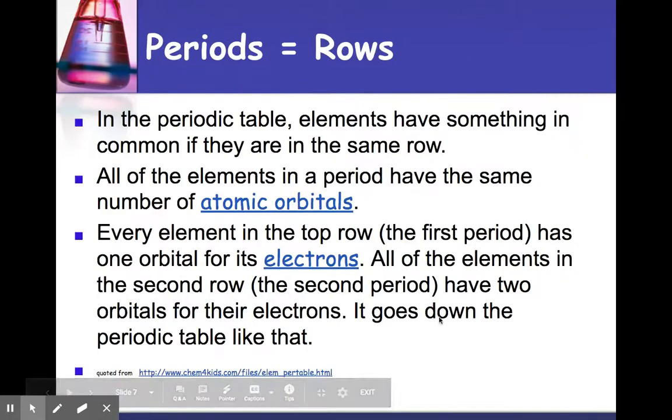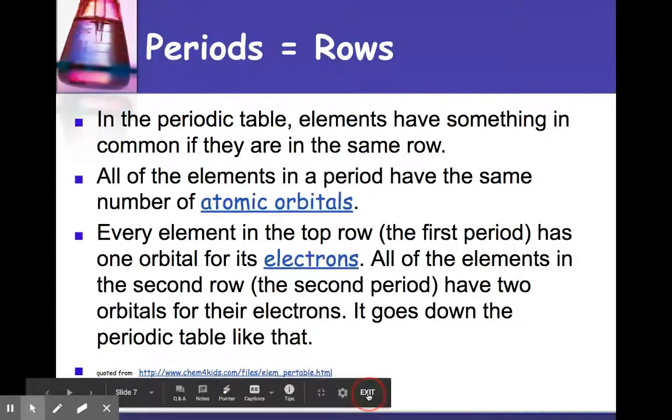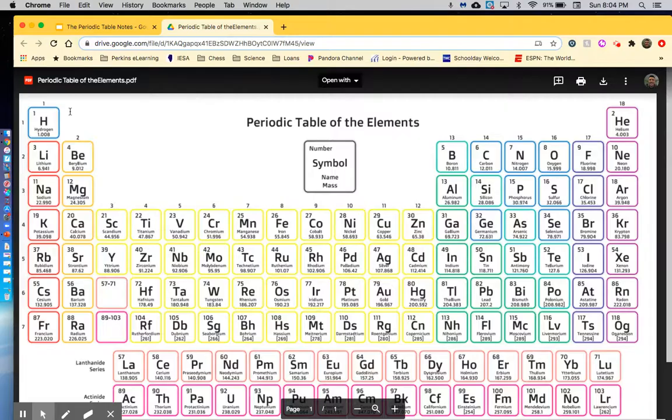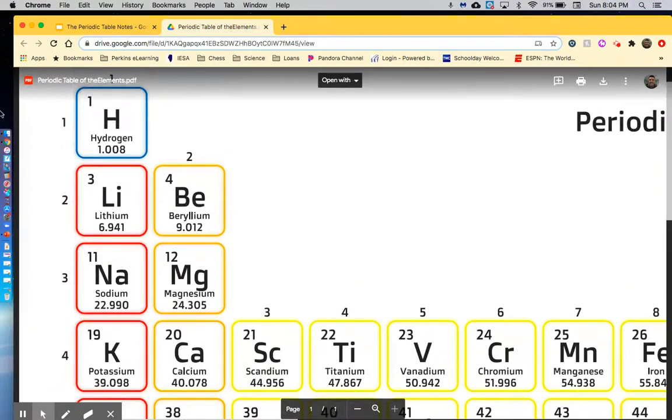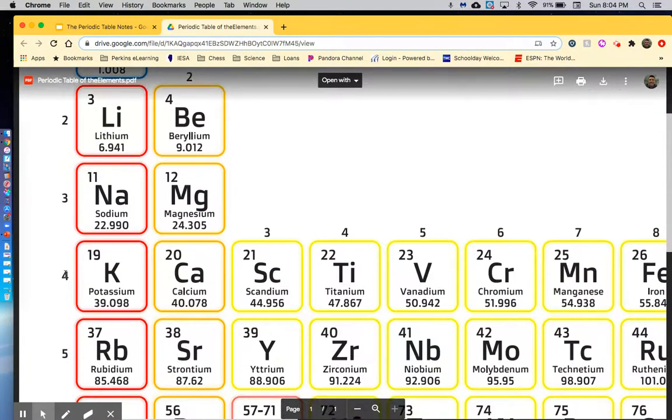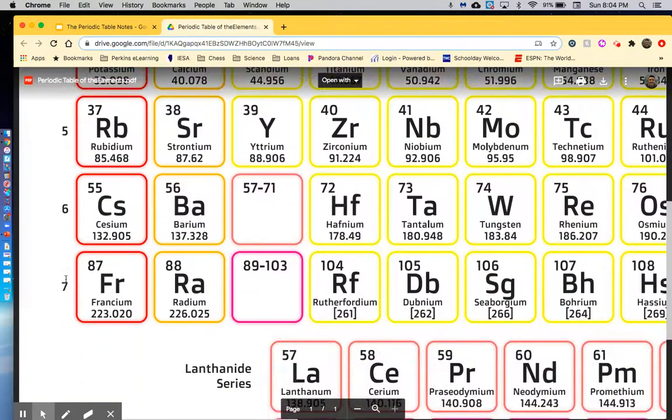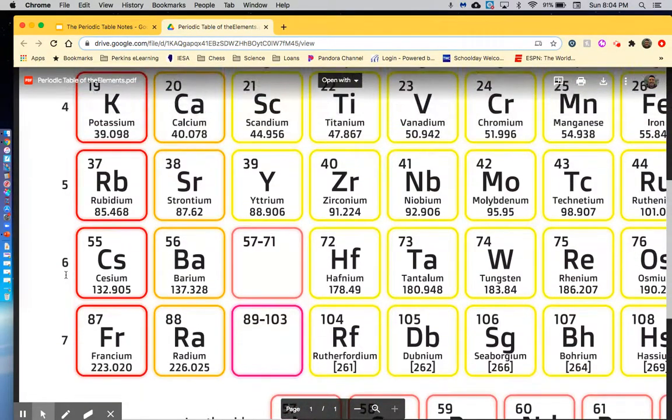All right. So going to our periodic table once again, I will show you. So there's hydrogen and helium. Being that it's in the first period, those are the numbers you will see on the far left. So these numbers right here, there's 1, there's 2, 3, 4, 5, 6, and 7. Those label whatever period that element is on.